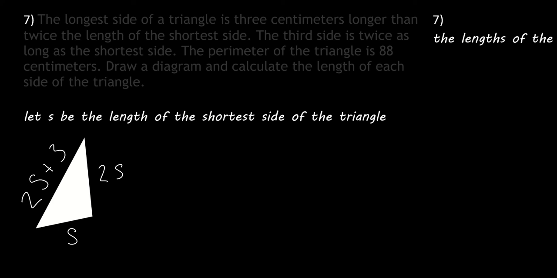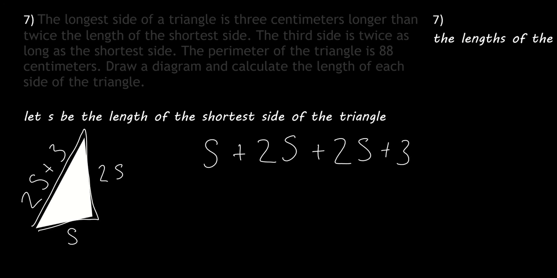So of course the perimeter is the sum of these 1, 2, 3 different sides. So I can write the s, which is my shortest side, plus 2 times s, which is the medium sized side, and then plus 2s plus 3 more. That's the perimeter, and I'm told the perimeter is 88.